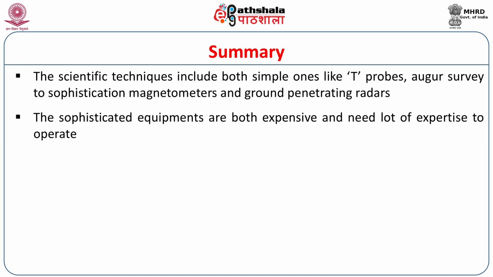For example, using a ground penetrating radar is very difficult. One has to have real expertise in doing the survey, getting the anomalies, then doing the post-survey cleaning and interpretation. So this consumes a lot of time. One has to have experience in operating the system and also in understanding the anomalies. So it is both expensive and needs a lot of expertise to operate.